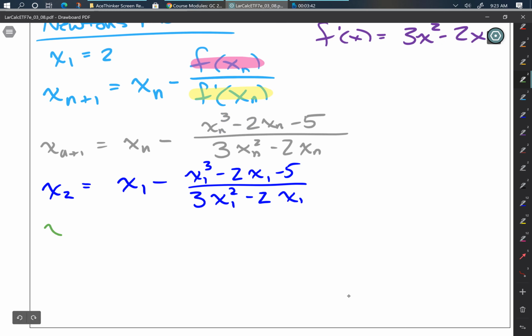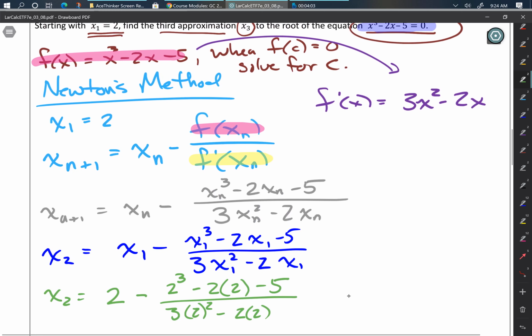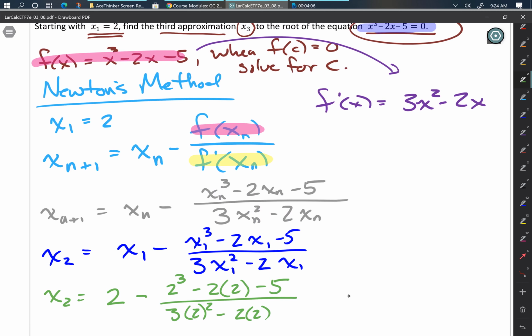So x sub 2 is going to equal 2 minus 2 cubed minus 2 times 2 minus 5 divided by 3 times 2 squared minus 2 times 2. You know what? I made a mistake with my derivative, didn't I? That's just 2. That doesn't belong there, that doesn't belong there, and that doesn't belong there. I knew something fell off.